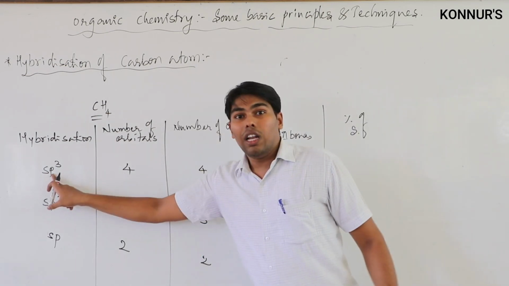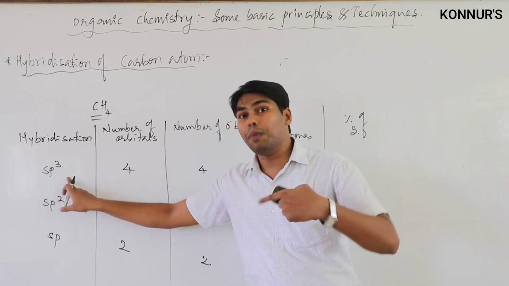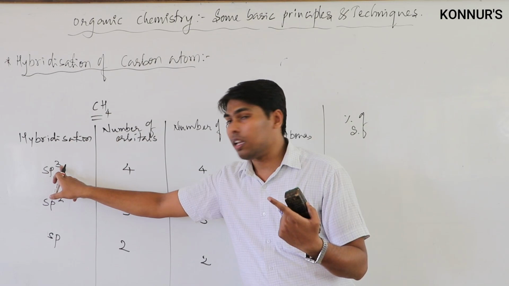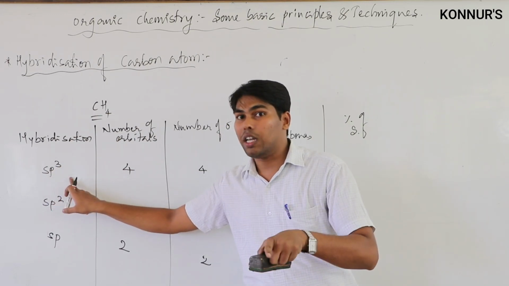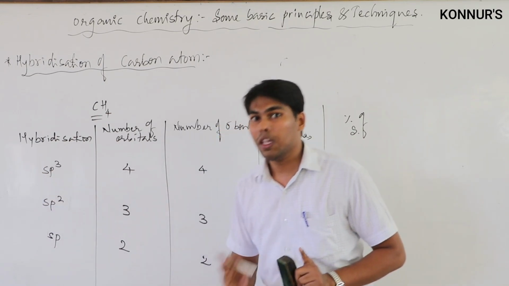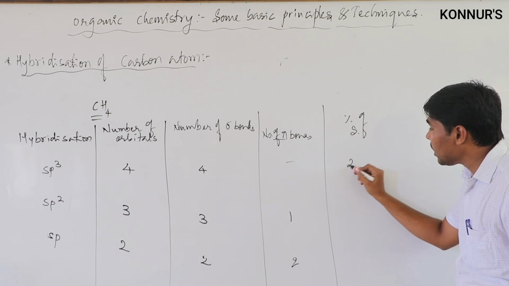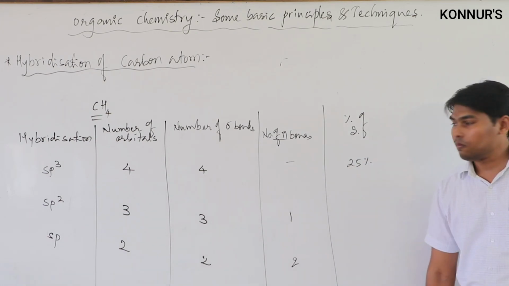So each orbital will get 25. 1 s and 3 p: each p will get 25, meaning p includes 75% and s includes 25%. So the percentage of S character in sp3 hybridization is 25%.